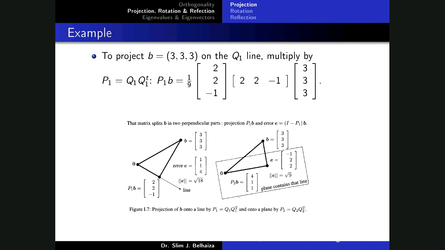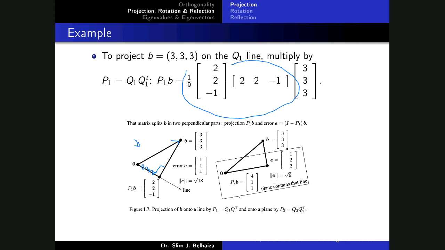Multiplying B, it gives you, in fact, this portion. If you look at the representation, you see that this is B here, which is 3, 3, 3, projected orthogonally on the line 2, 2, negative 1. It gives you this part.